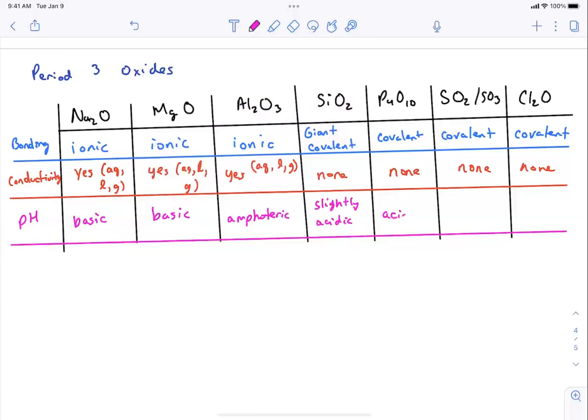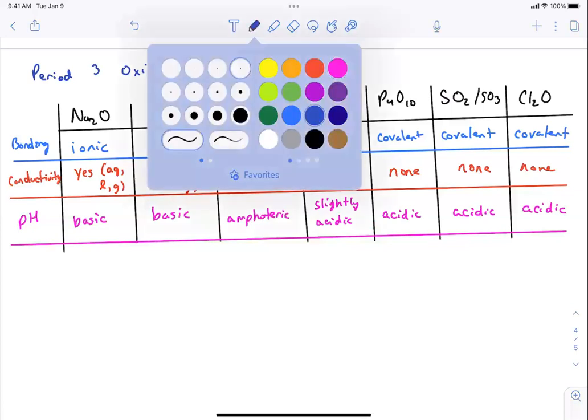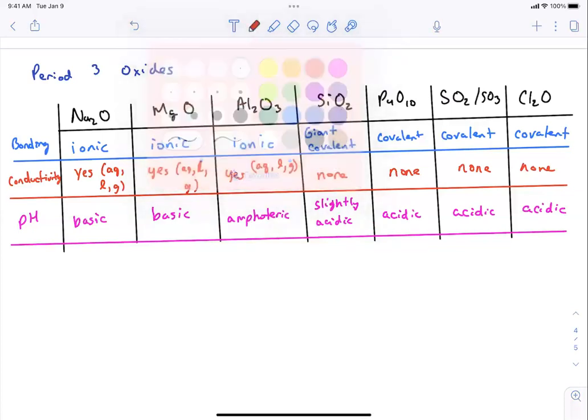And then the rest are acidic. So again, notice the trend that's happening from one to the other. It goes from ionic to covalent. It goes from conductive to non-conductive. It goes from basic to acidic.